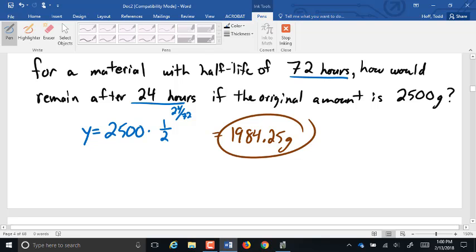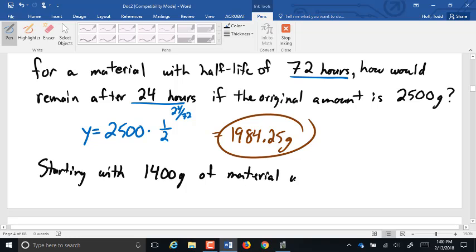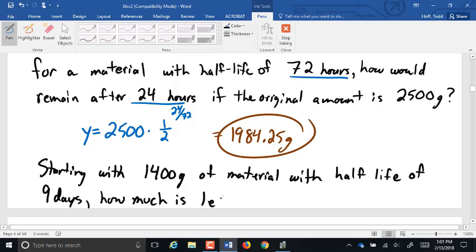Here's one to try in your notes. Starting with 1,400 grams of material with half-life of 9 days, how much is left after 27 days?